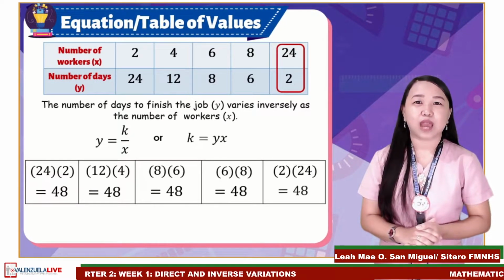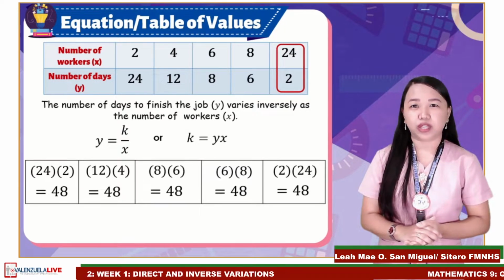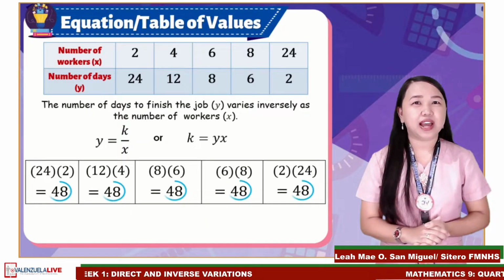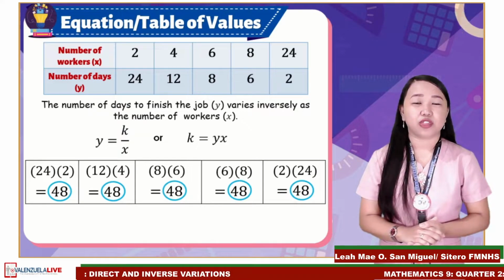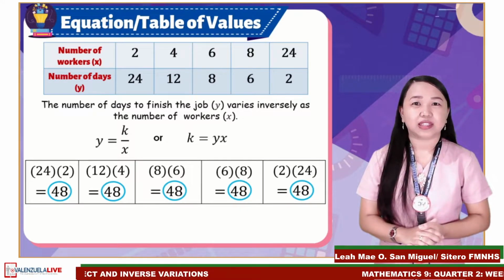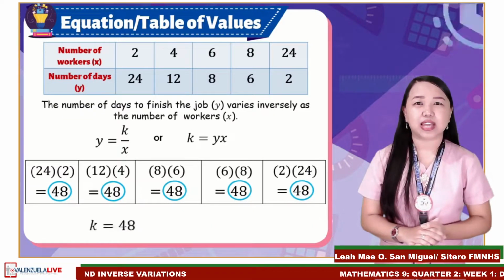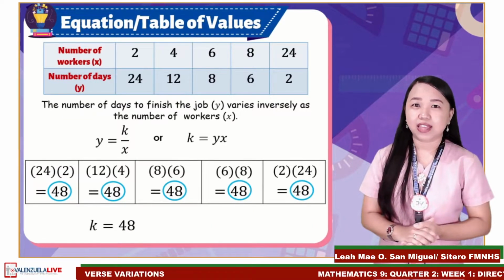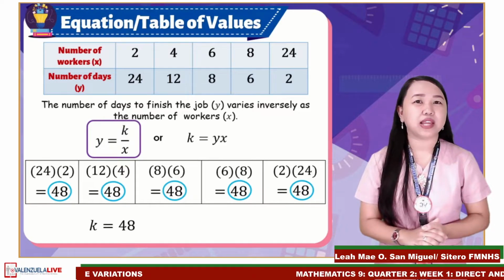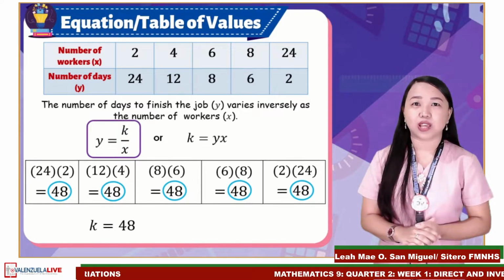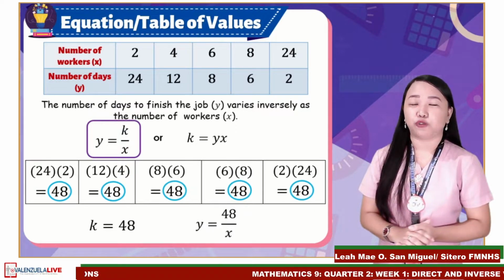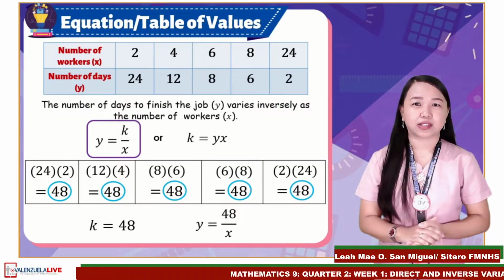And 2 times 24 is 48. The product is constant. Therefore, the constant of variation is 48. And the equation that represents the table of values is Y is equal to 48 over X.